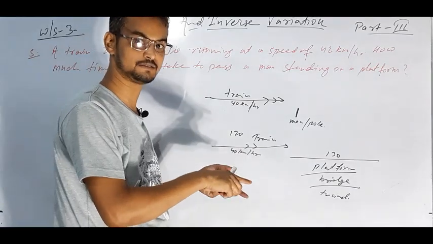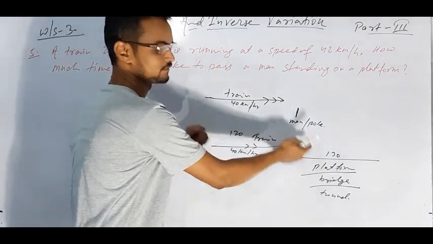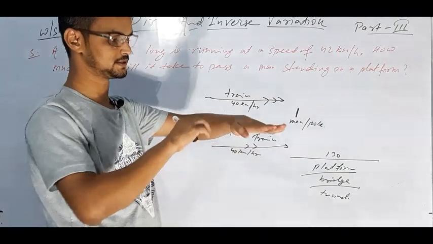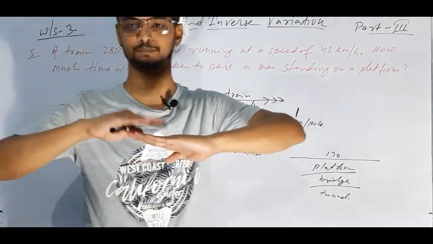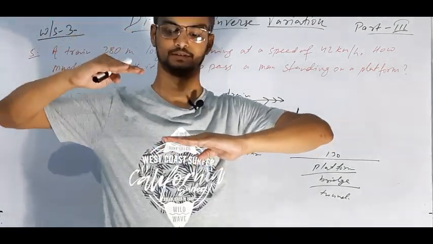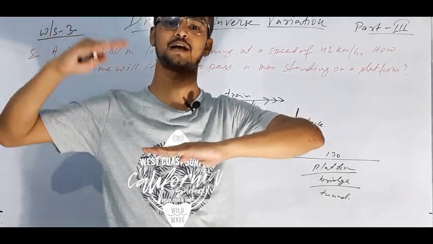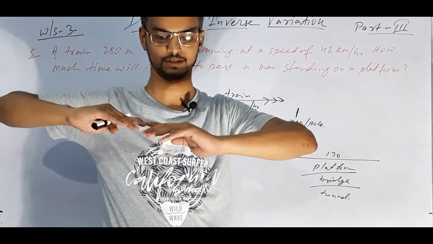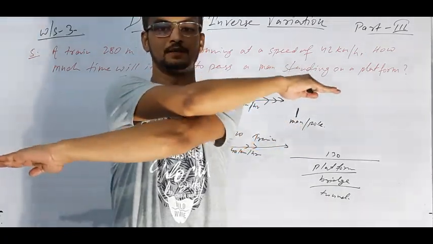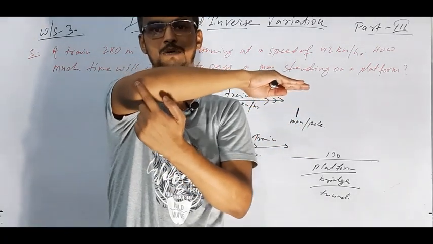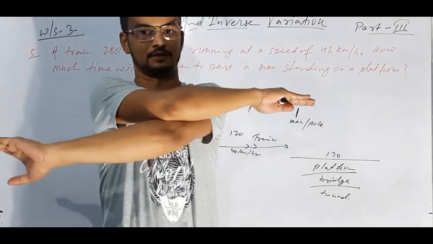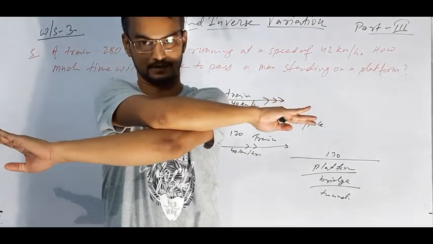Here the distance traveled is the sum of the lengths. Suppose this is a platform and this is a train. The platform is constant, and the train has to pass from the engine to the last compartment, so the lengths are added.